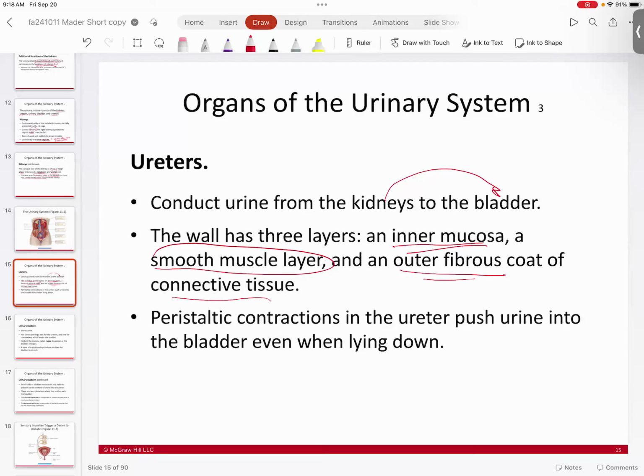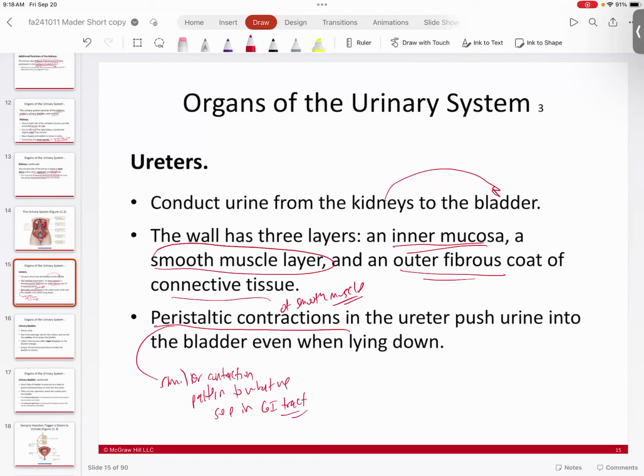Now, the smooth muscle will undergo what's called peristaltic contractions. This may sound familiar, right? Because this is a similar contraction pattern to what we see in the GI tract.